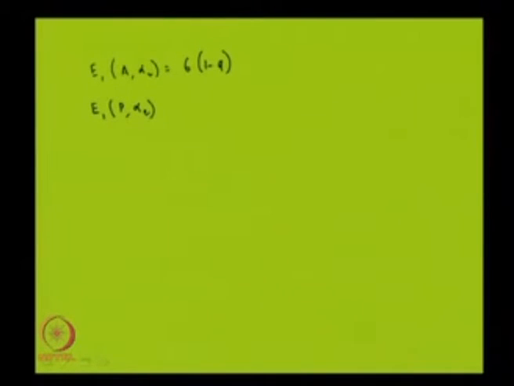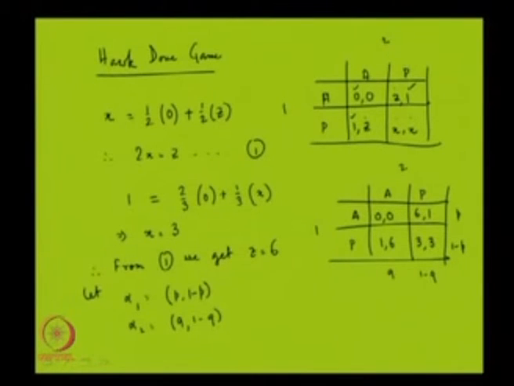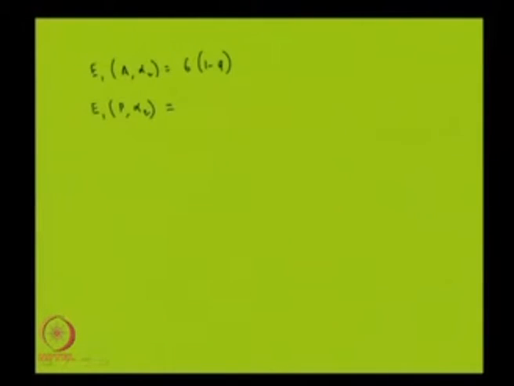If he plays passive, then the expected payoff is Q plus 3 multiplied by (1 minus Q). So these are the expected payoffs, and if the first value is greater than the second value, then P is going to be 1 and the other cases follow from there.